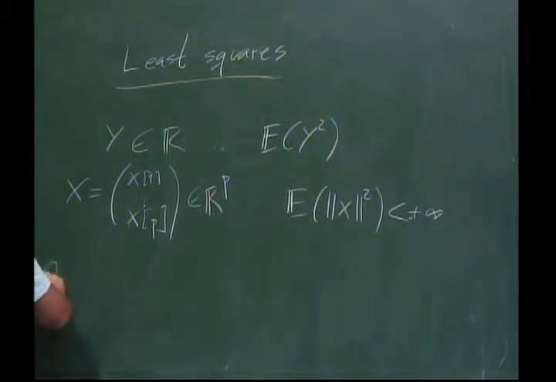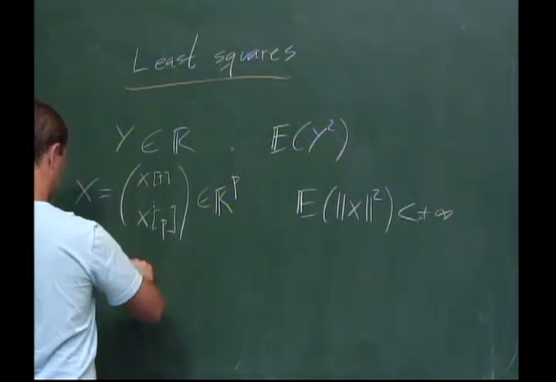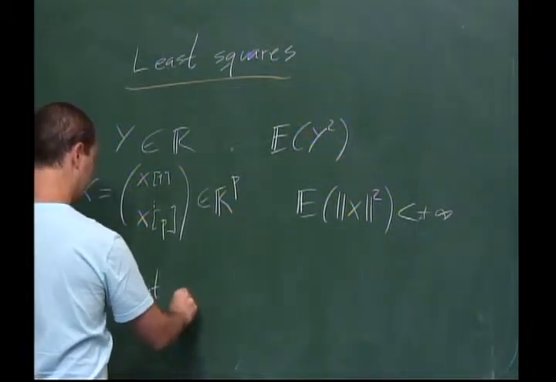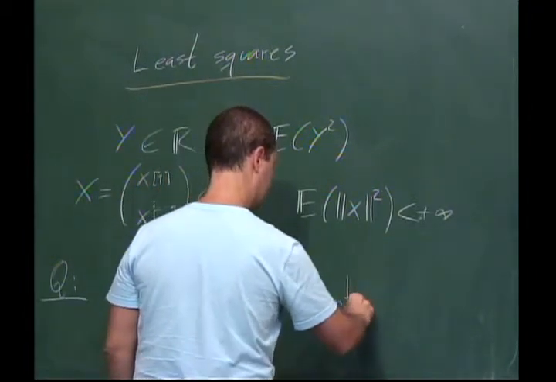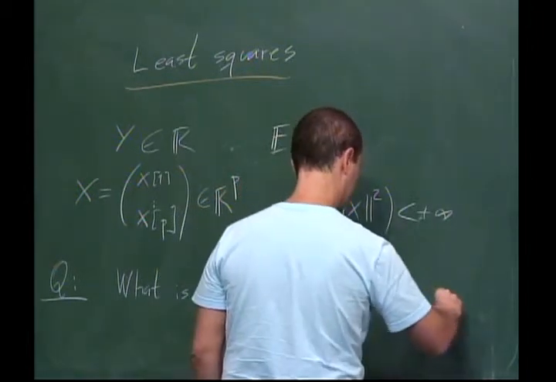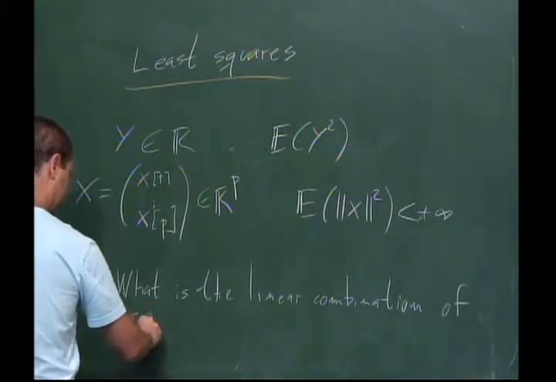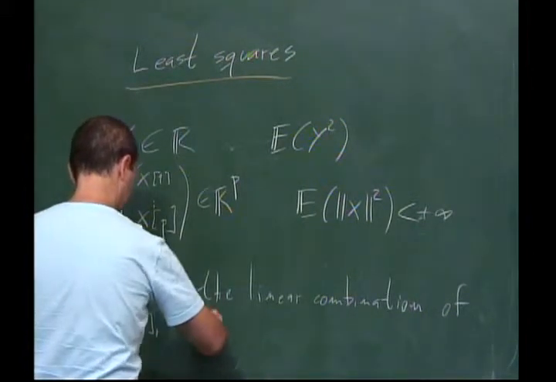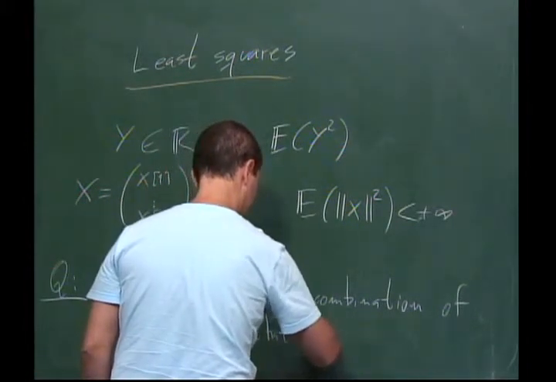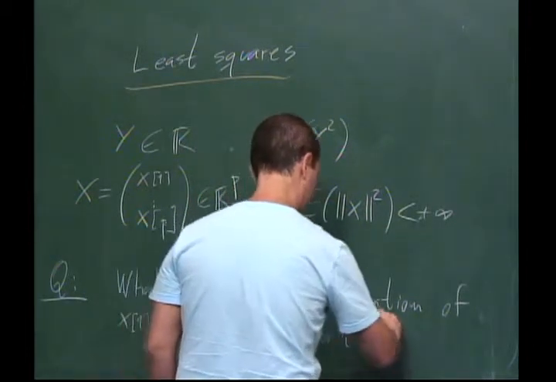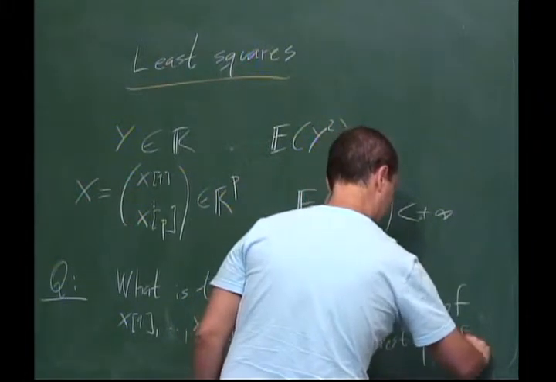So now the theoretical question: what is the linear combination of the coordinates of x that gives the best approximation for y?